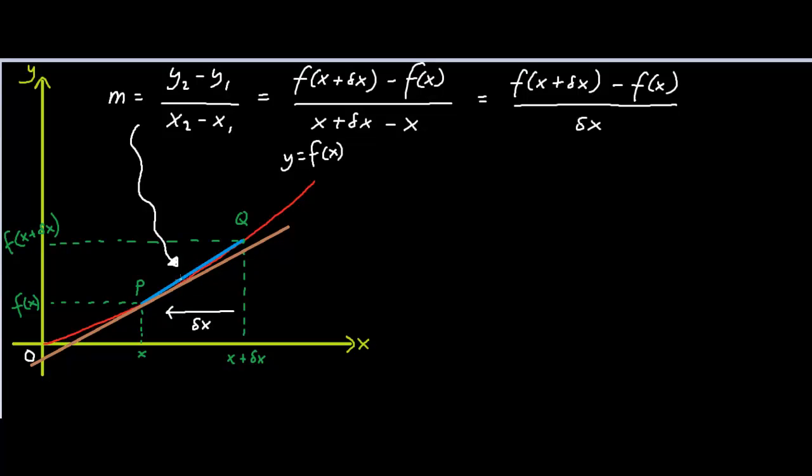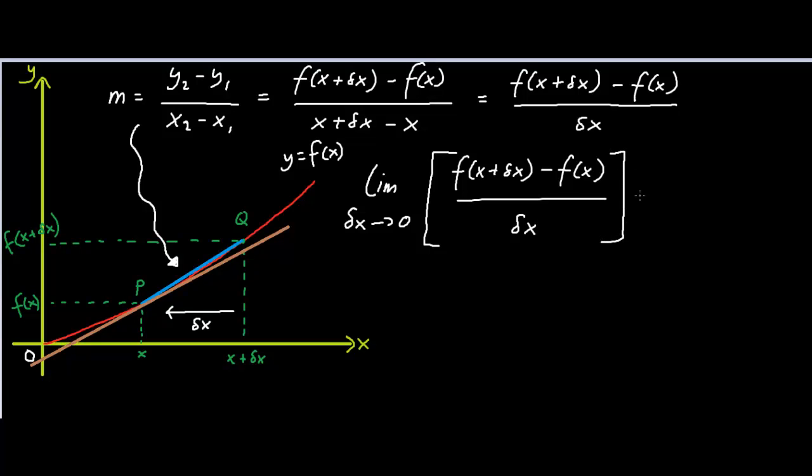So Q gets closer and closer and closer to P. And if the chord is very, very small, it will have the same gradient as the tangent line at P. So we like to say in mathematics that in the limit as change in x approaches 0, so as it gets very, very small, f(x plus change in x) minus f(x) over change in x equals the derivative of f(x), or equals dy/dx, the derivative of y with respect to x.